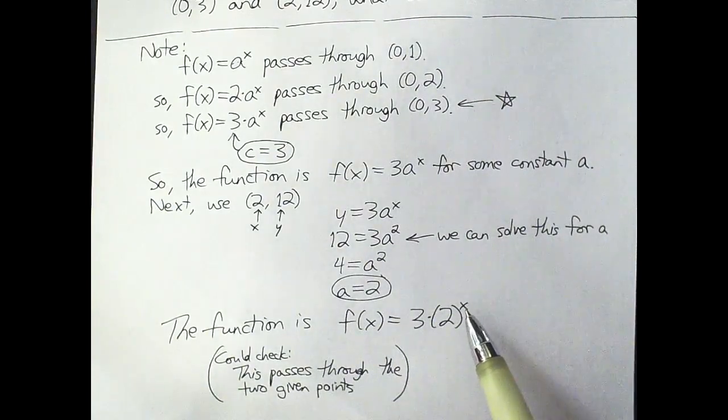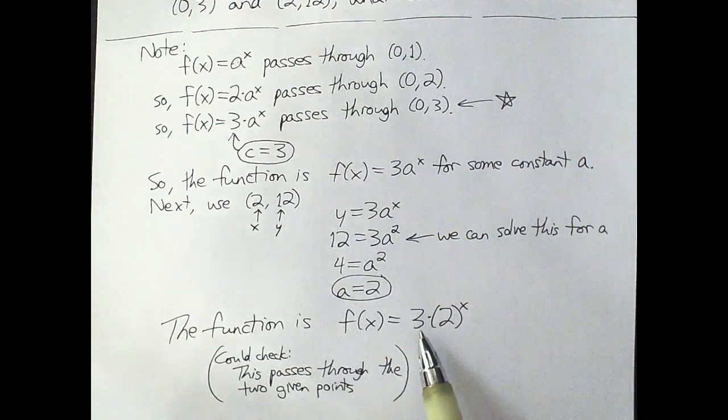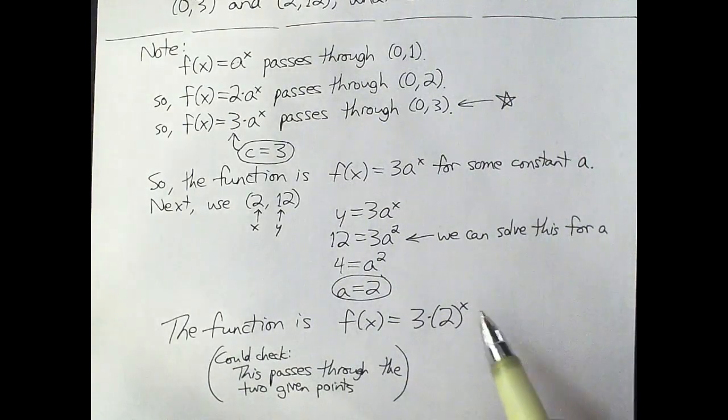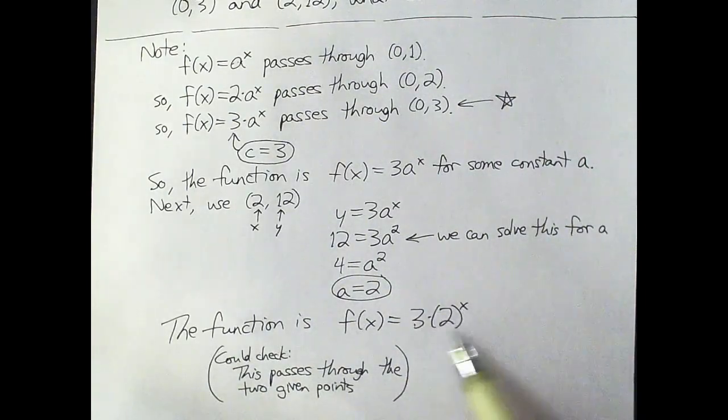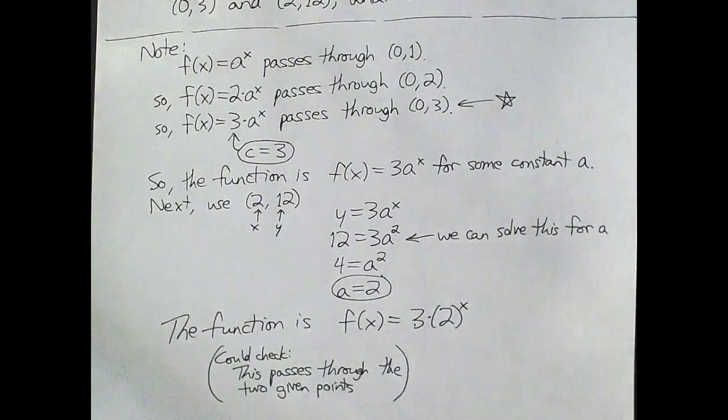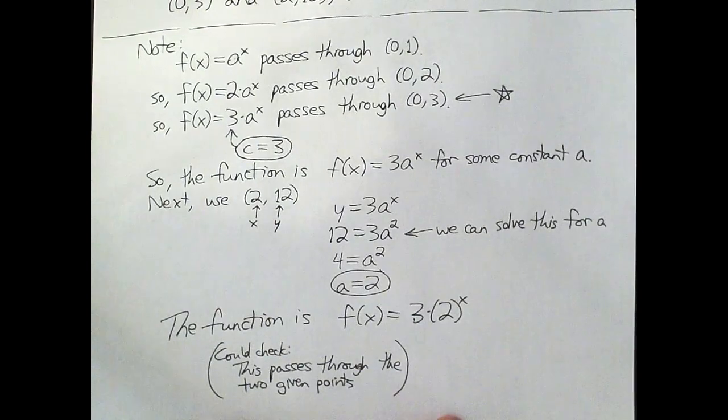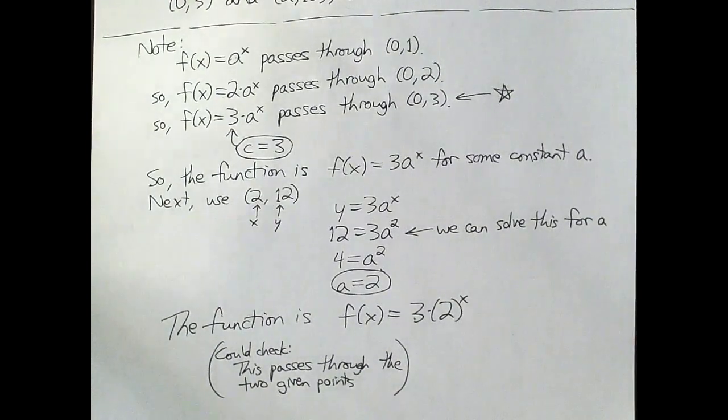Well, put in a 0 for x and see what you get. It does wind up being 3. Does this actually pass through 2, comma 12? Put in a 2 for x and make sure that this equals 12, and it'll check out. So that was just kind of a unique problem. Sometimes you'll get interesting little problems like this that don't necessarily fit into a template, but I'm glad that we talked about that one.